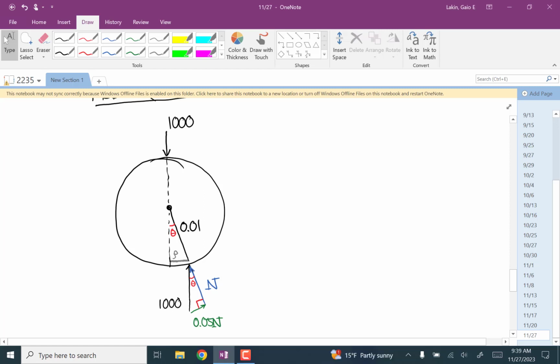Yeah, right now we're talking about kinetic friction. We're assuming it's spinning and we just want to know what it takes to keep it spinning. But remember, if this was static friction, the calculation would look similar, but you'd have the static coefficient of friction, which is a little higher than the kinetic coefficient. At that point, you'd be calculating the maximum friction force that this can produce before motion starts.